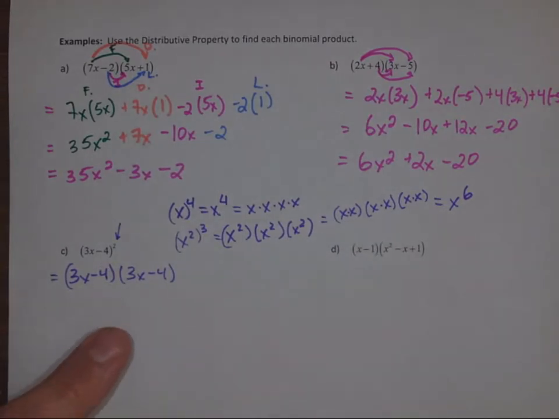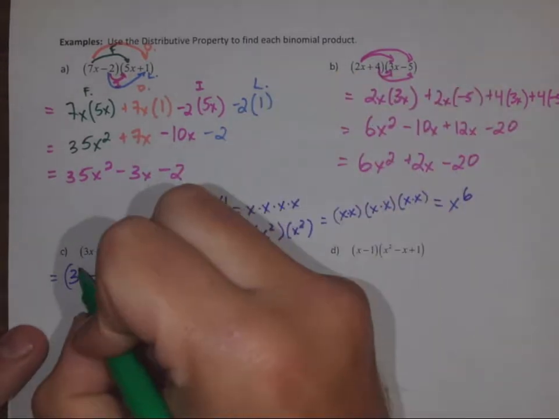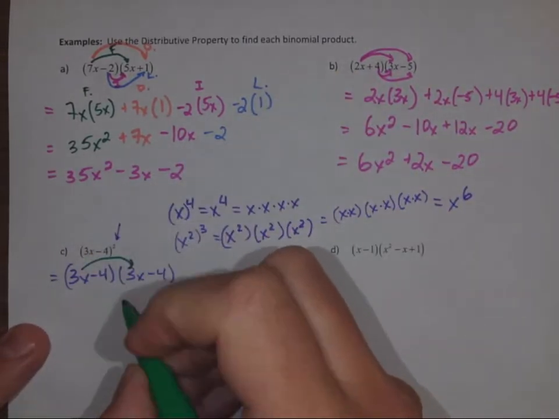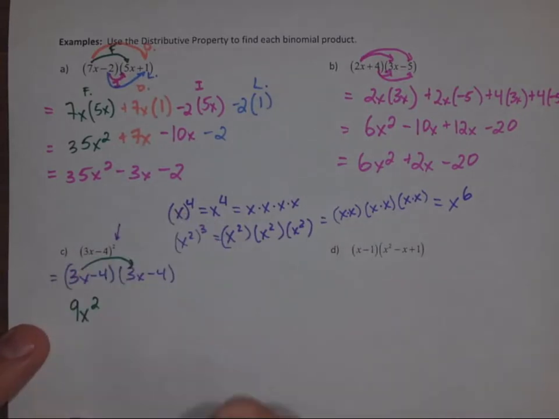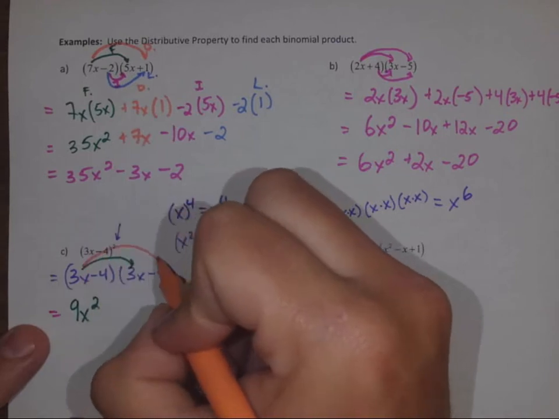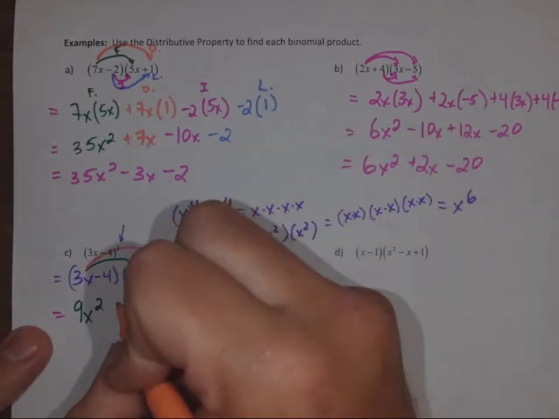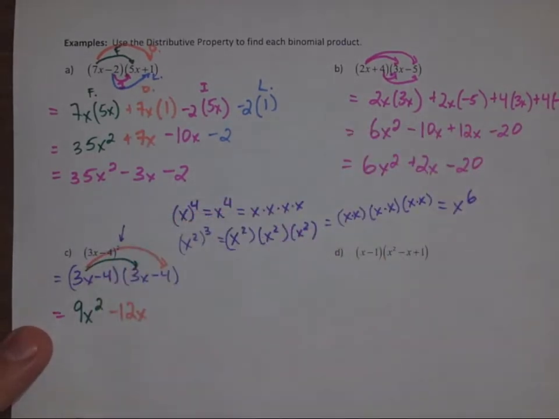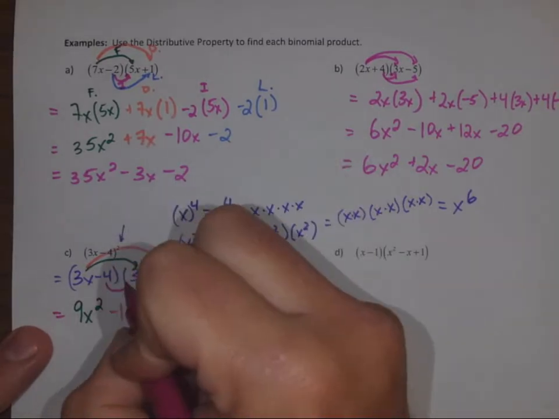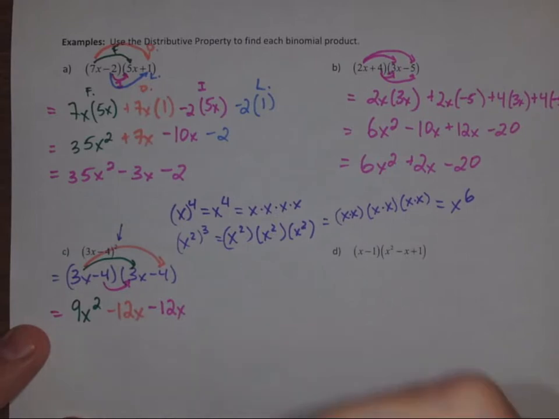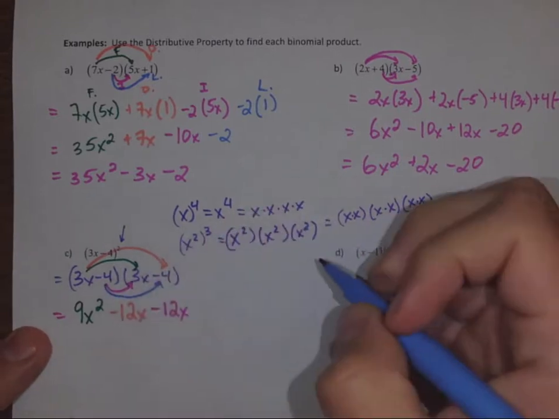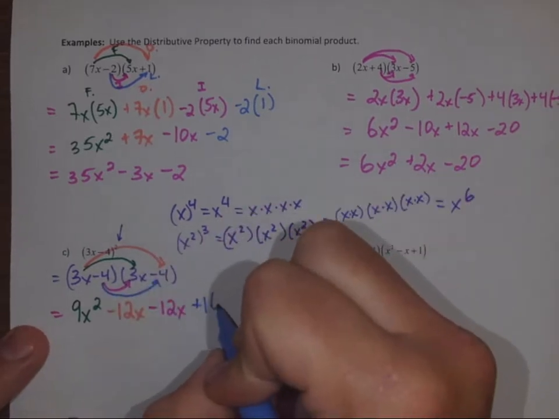Now from there, I can continue FOIL. 3x times 3x is 9x squared. Outside, 3x times negative 4 is negative 12x. Negative 4 times 3x is negative 12x. And negative 4 times negative 4 is positive 16.